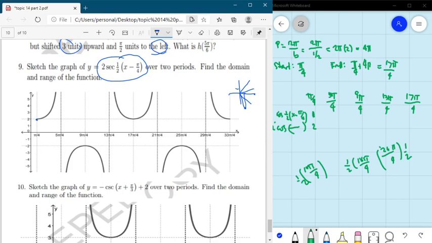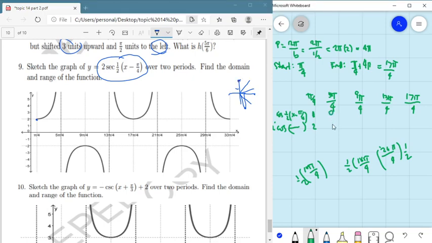Okay. For 5 pi over 4, 5 minus 1 is 4 pi over 4, which is pi, times 1/2 is pi over 2. At pi over 2, the cosine is 0. So 0.